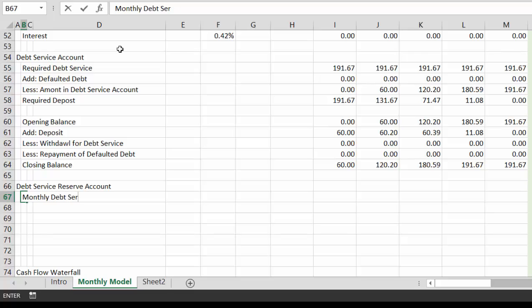And then we'll put, you know, this is going to be a mess. I was going to use the offset account to look at this, but I think the required debt service, well, let's just put the debt semi-annual.